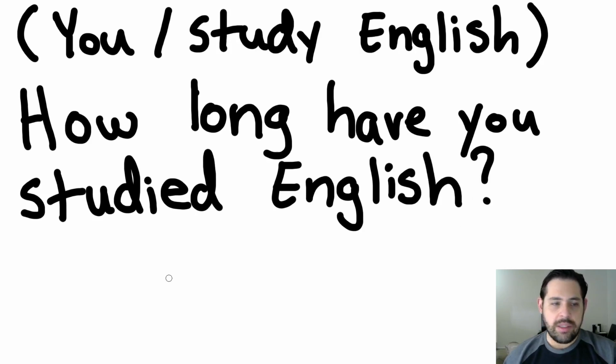Okay, not so bad, right? Here's our present perfect right here. Have you studied? Okay, just that the auxiliary verb have and the subject you is inverted, right? Because it's a question. How long have you studied English? Perfectly normal question.